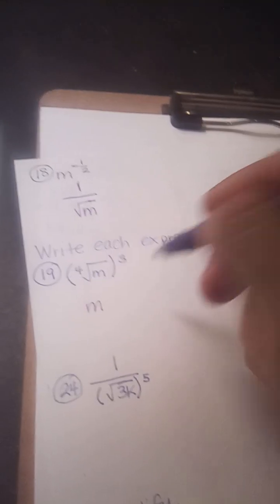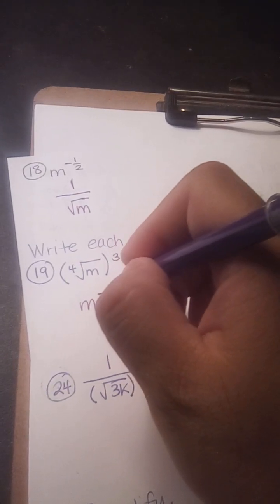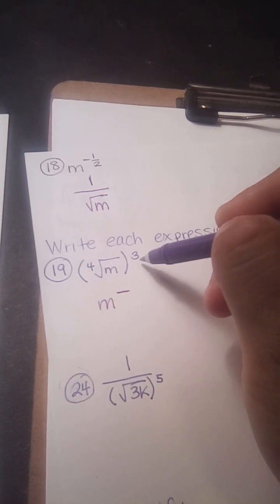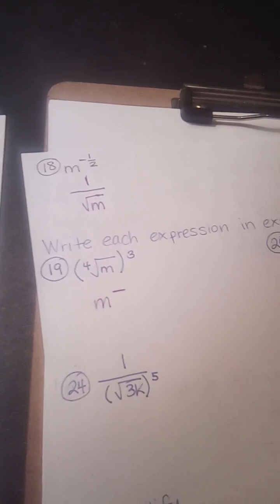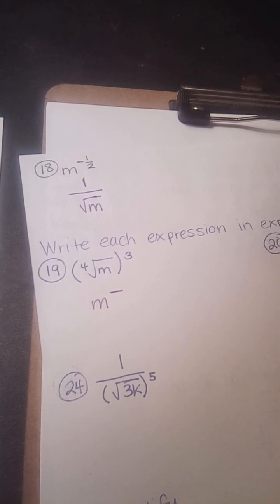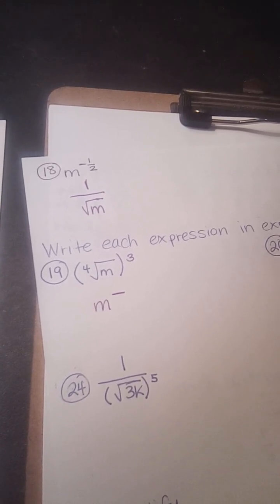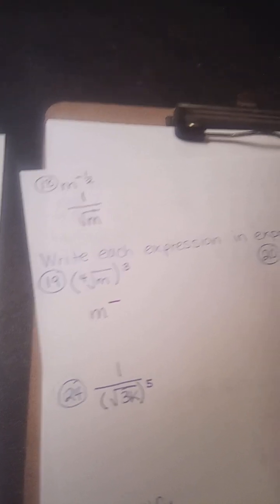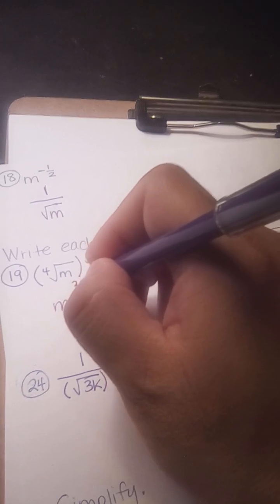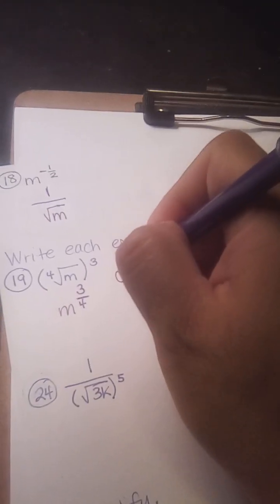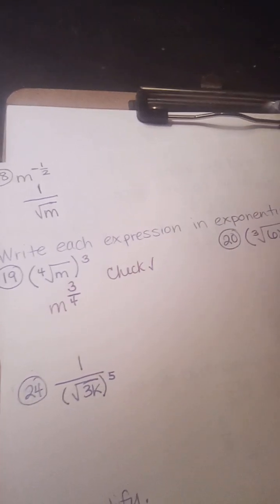Which one is the power? The 3 outside the parentheses or the 4? The 3, right? And what's left over is a 4. Let's check.